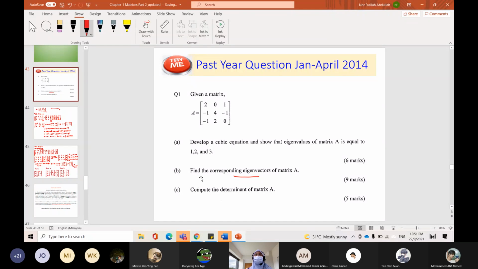We already discussed previously for 3 by 3. You may use a row or column for the elimination to find the determinant of the matrix A. I just share the answer, so you may check by yourself.